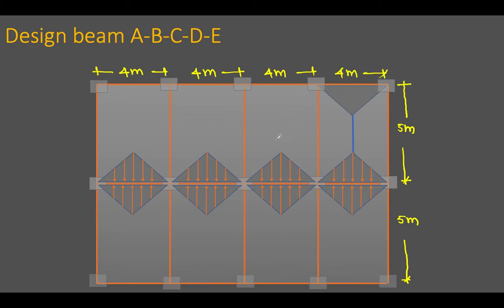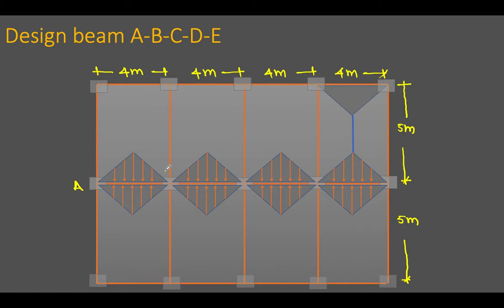Yes, and we have to design this beam, a continuous beam which is resting on supports. Support for a beam is a column, or in other words, beams are resting on columns, or columns are supporting the beam.